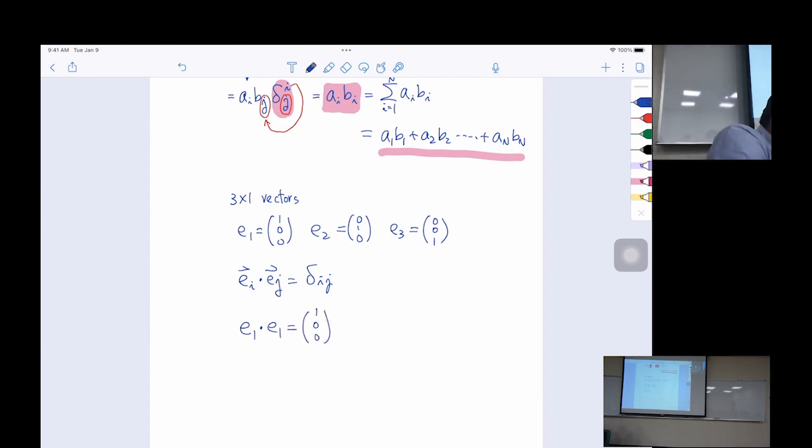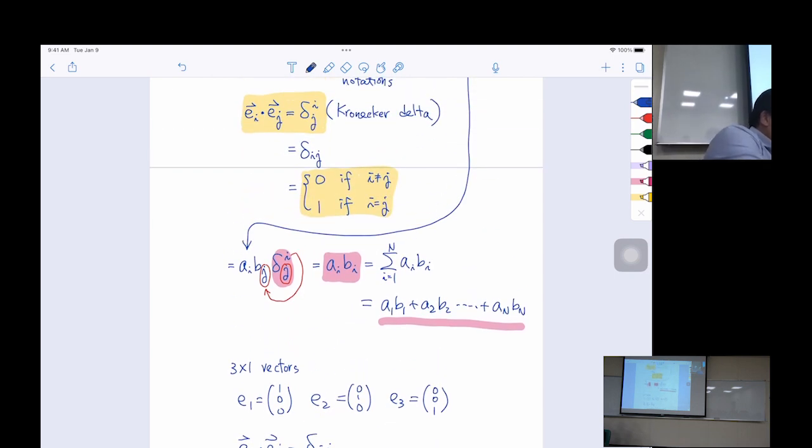So we have this dot product, and at the end we have 1. In this case, i equals j. You can continue to list all the i equals j cases. They all equal 1. But for e1 dot e2, it's going to be 0. This is the case where i is not the same as j. So when you list out everything, you prove it.